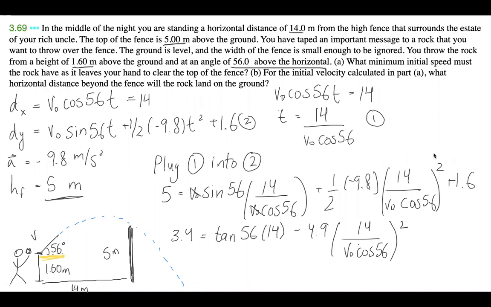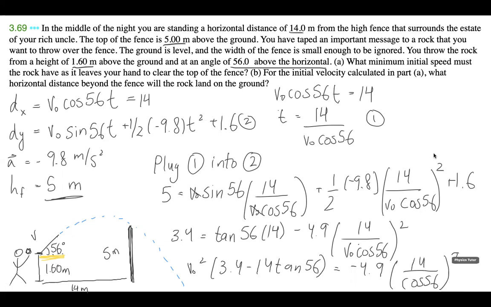Okay, so now we can solve for v naught. If we just multiply it across by v naught squared, so we can do v naught squared times 3.4 minus 14 tan 56 is equal to minus 4.9 times 14 over cos 56 squared.